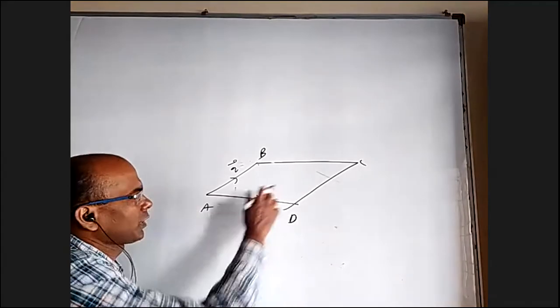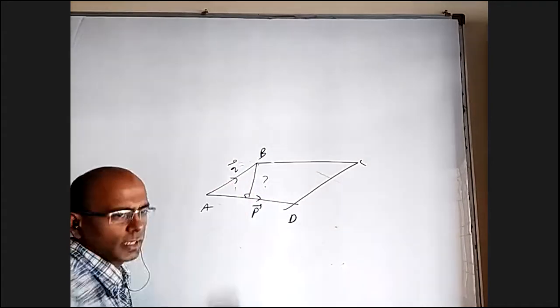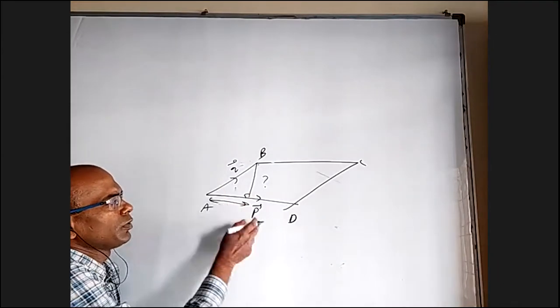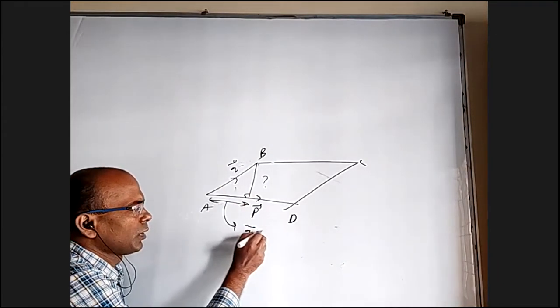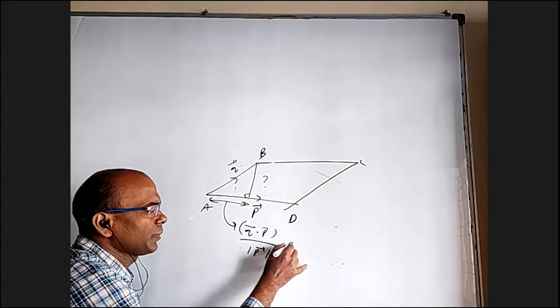Okay, this is a parallelogram. This is P bar, this is Q bar. They want this altitude. What is that? What is this one? Projection of Q on P.